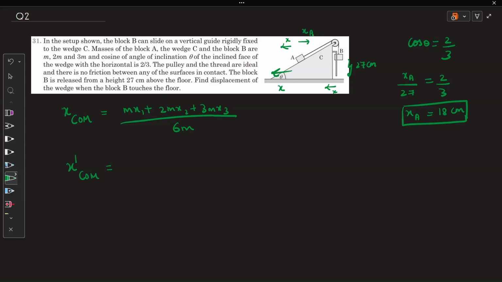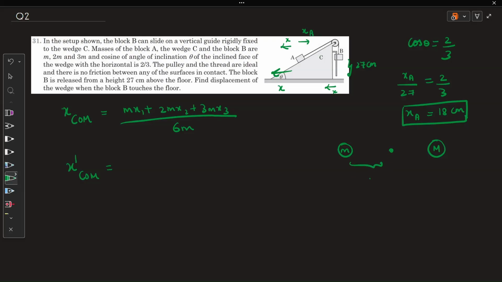Now I'm going to apply a logic. Which will be greater, xa or x? So the logic over here is, in a center of mass of a system, let's suppose I have a small body of mass m and a big body of capital M, and the center of mass remains in the same position.